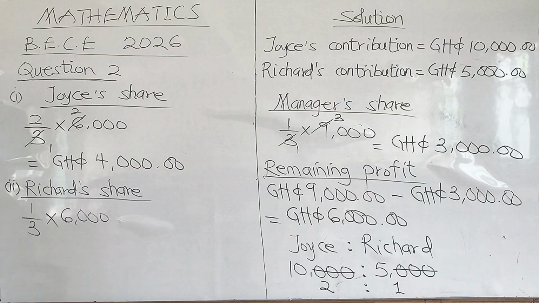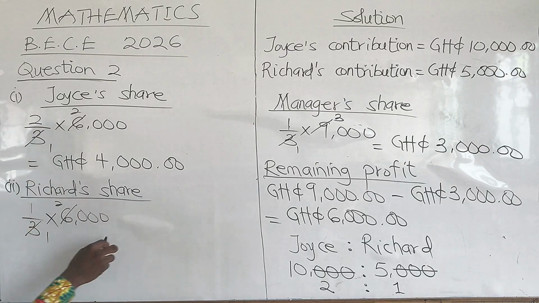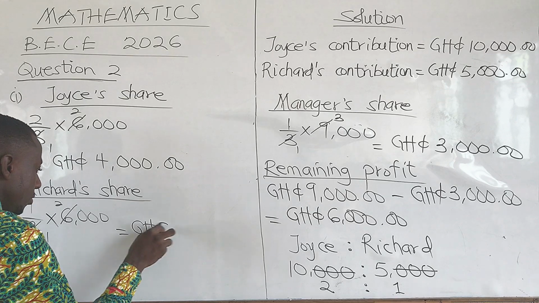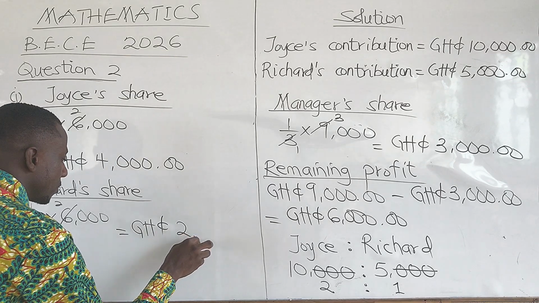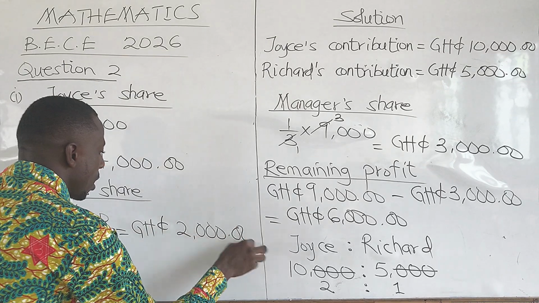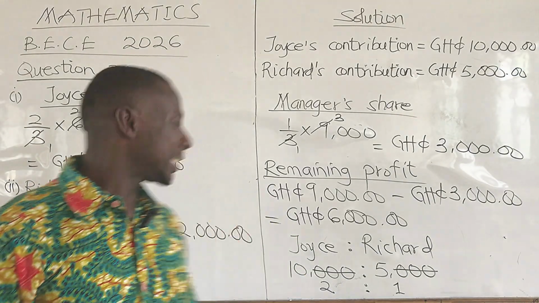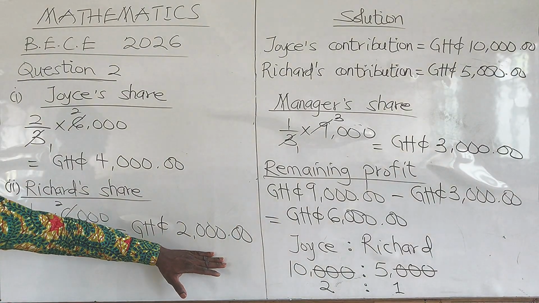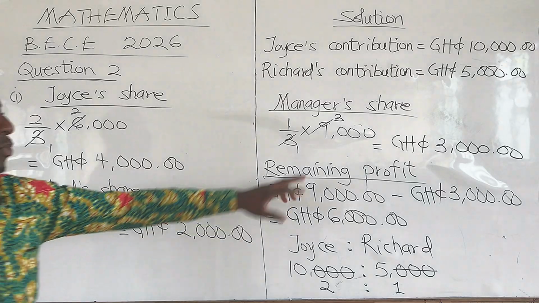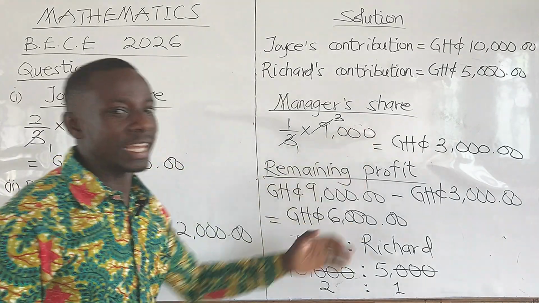So here we are still going to do some cancellation. 3 goes here 1, 3 goes here 2. 2,000 Ghana cedis.